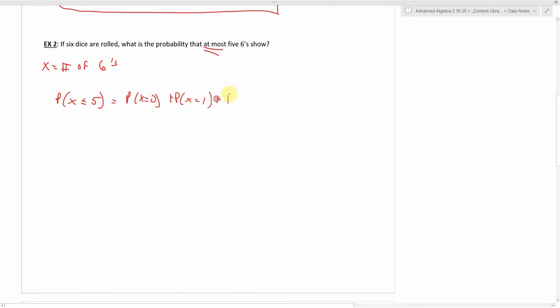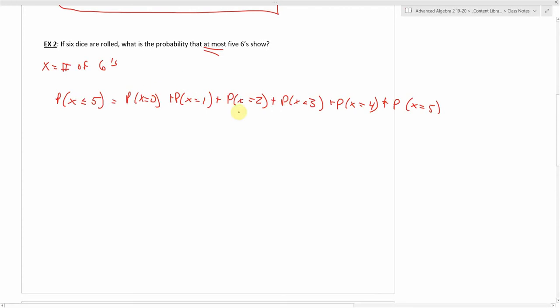We could get 1 six, or we could get 2 sixes, or you see this is going to be a little bit tedious here. Probability that we get 4 sixes plus the probability that we get 5 sixes. Any one of those possibilities would mean getting at most 5 sixes.